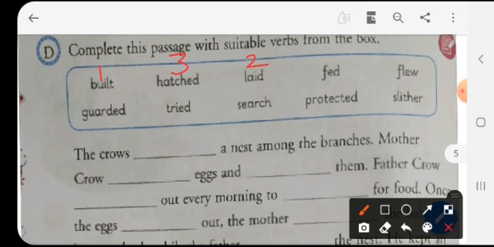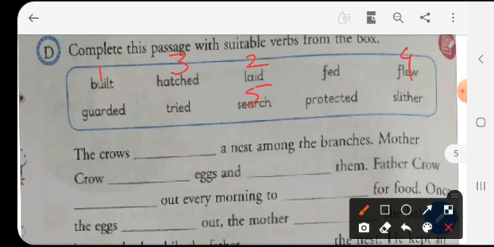Father crow flew out every morning to search for food.